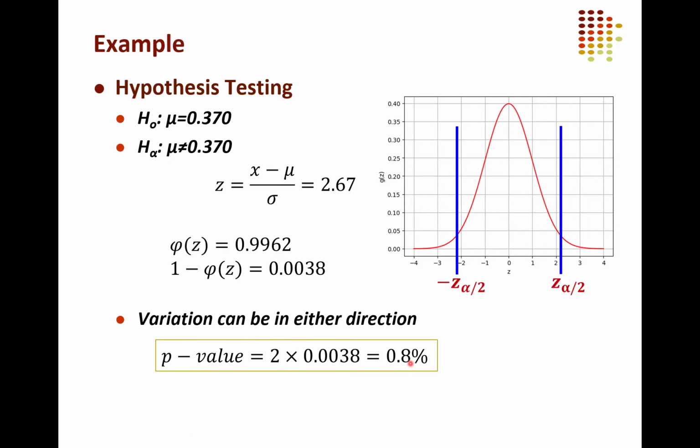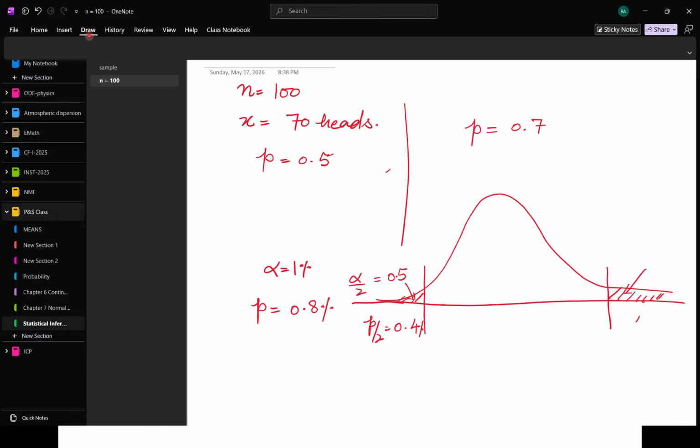Our total p-value turned out to be 0.8%, which means p by 2 is about 0.4%, and likewise here. It means the observation is going to fall in the significance region.